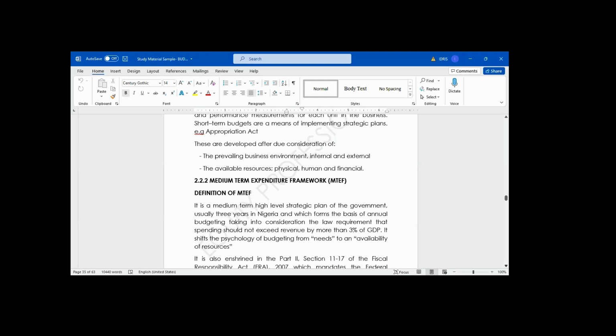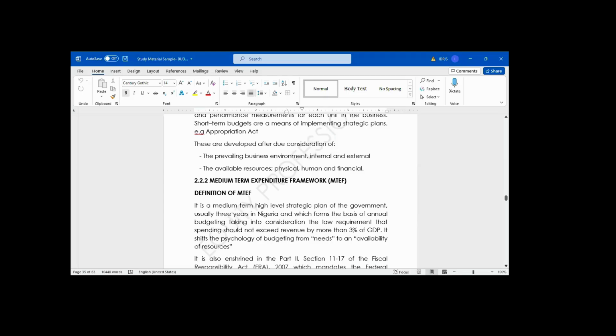This medium-term expenditure framework shows the summary of the annual budget, which is the short-term budget, for the next 3 years. It is from the medium-term expenditure framework that we extract the short-term budget.